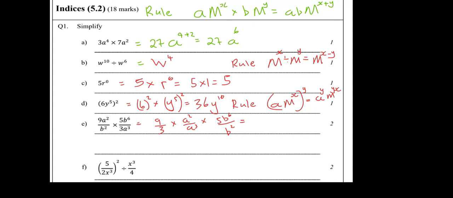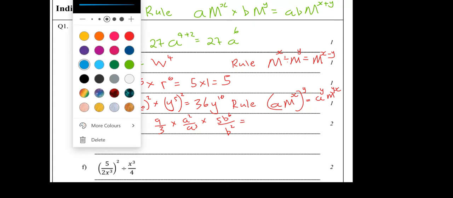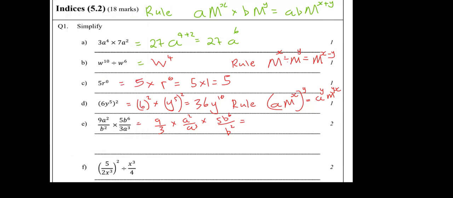So let's change colour. If we simplify the numbers, we have 3. Simplify the a's, we have a squared. And if we simplify the b's, we have got 5b to the 4. So if we multiply that out, that is 15b to the 4 all over a squared.